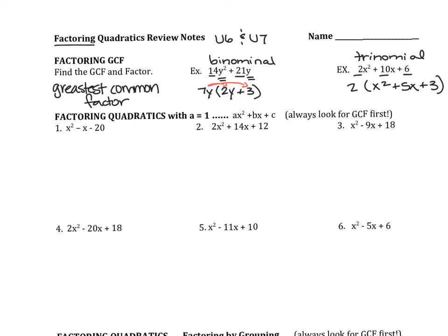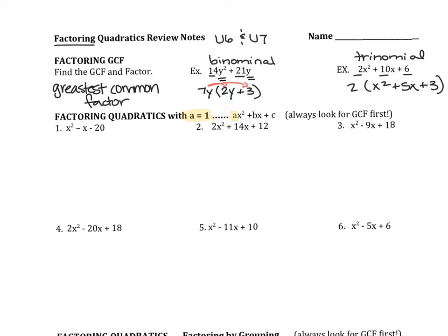So let's review factoring a trinomial that is factorable, that has an a of 1. That means the coefficient of my x squared term is 1. So these problems can be done in different ways.